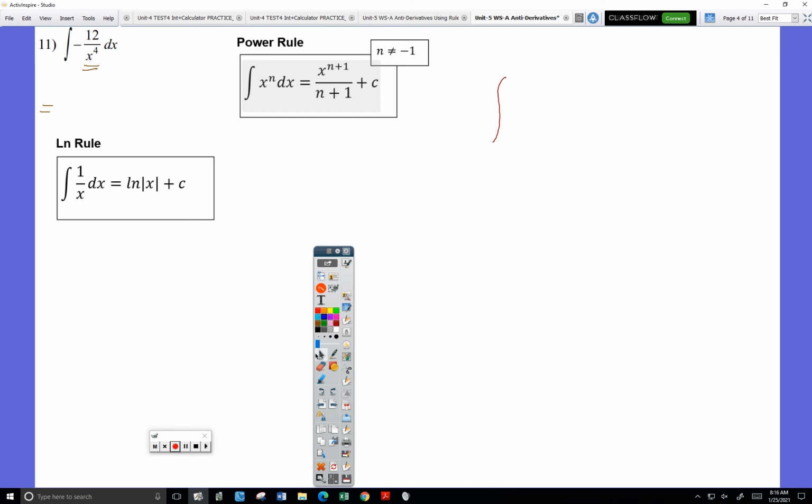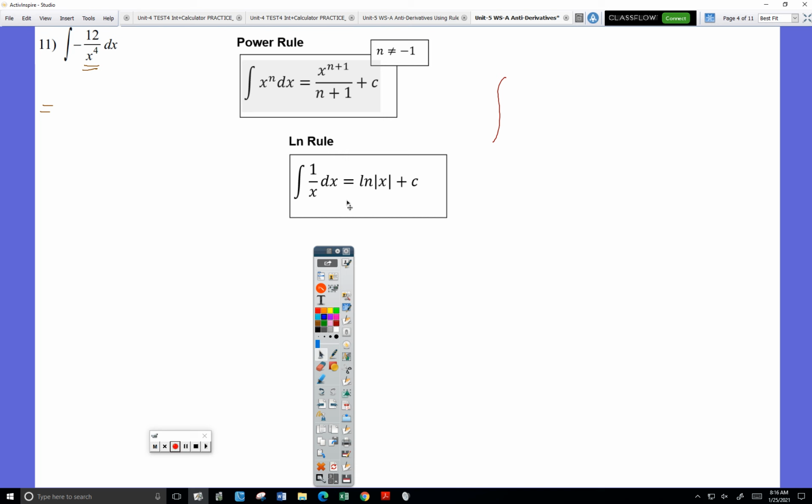So I can do this. Pull out the 12. Actually, negative 12. I'm left with just 1 over x to the 4th. That still doesn't work as far as the ln rule. But if it were just 12 over x, it would work. You see the difference?